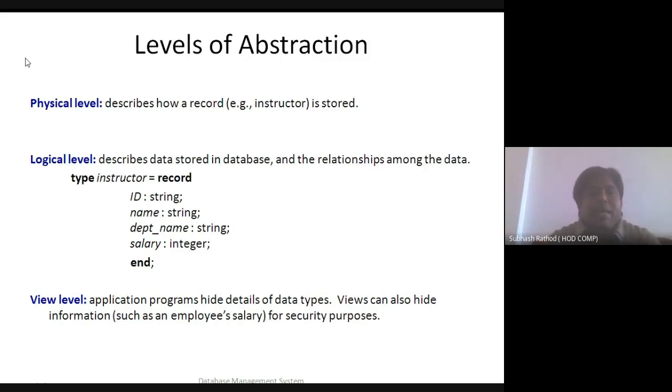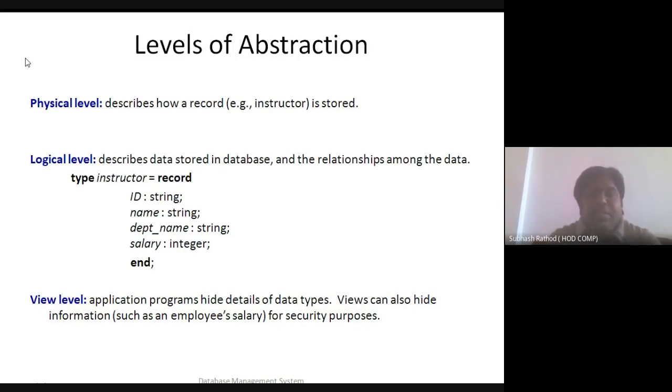There are three basic levels of abstraction in DBMS. The first level is the physical level. At the physical level, it describes how the record is stored in DBMS. Just remember this statement. It is the bottom level, where the data structure and how data is stored underneath are described.